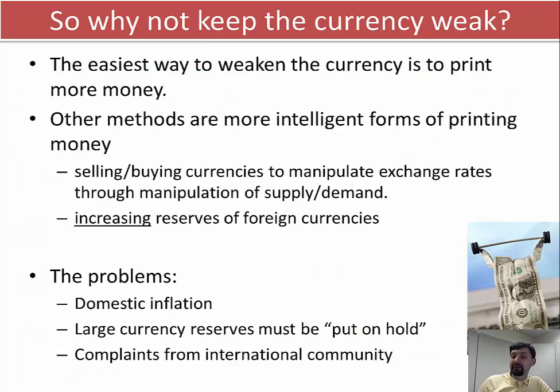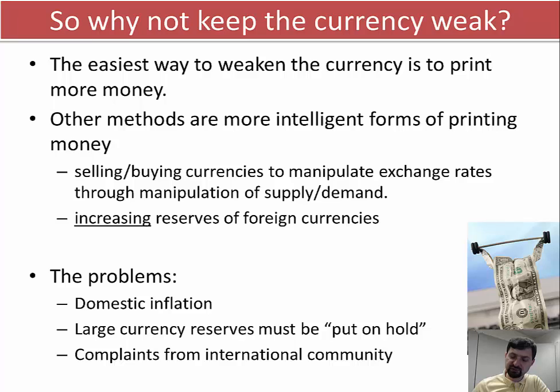Well, the big question then becomes, if weak or underpriced currency is so good for the economy, why not keep it artificially weak? Why not just keep it weaker so that people are willing to buy your products? There are two reasons for that. And the answer depends on the answer to the question, how can you keep your currency weak? What can you do to keep your currency underpriced?